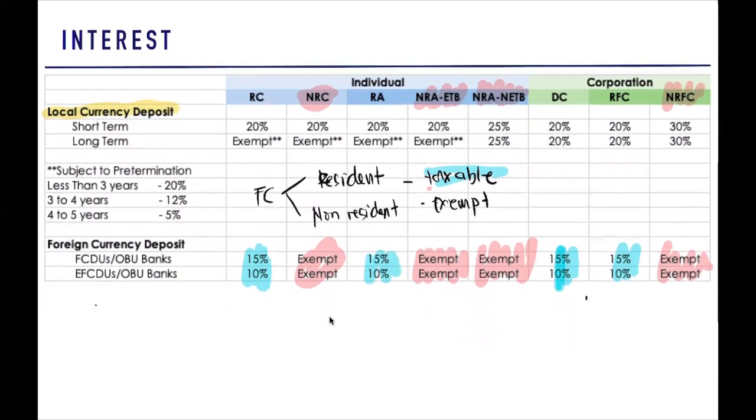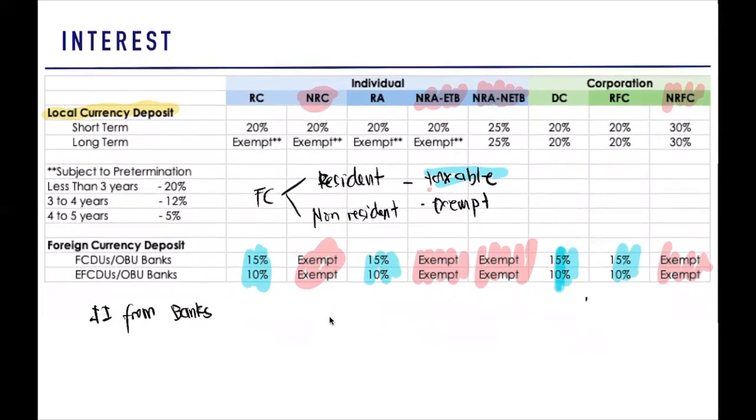So, interest income from banks. Short term, 100,000. Long term, 300,000.